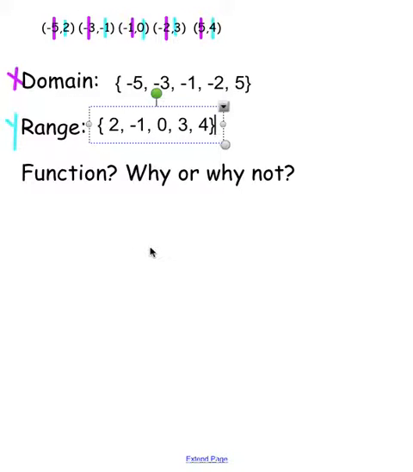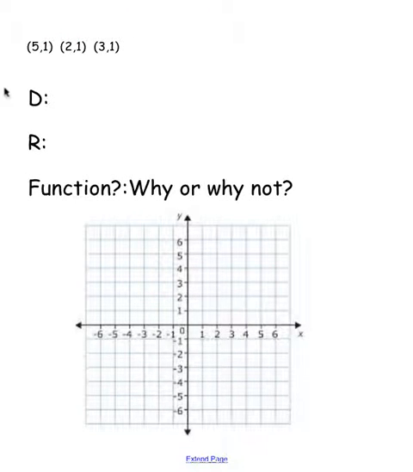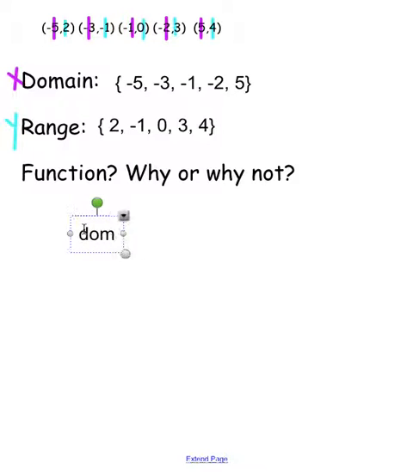Well, I didn't give you graph paper, so I'm going to do what's called a mapping diagram. My words are domain and range. And I'm going to copy these numbers up here down below. -5, -3, -1, -2, 5.